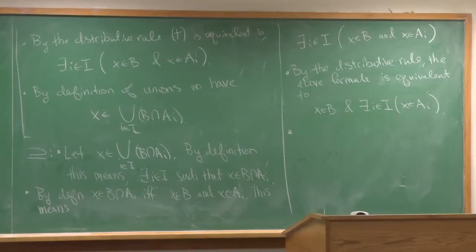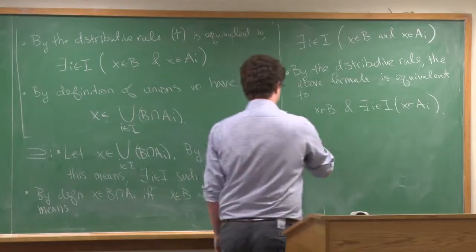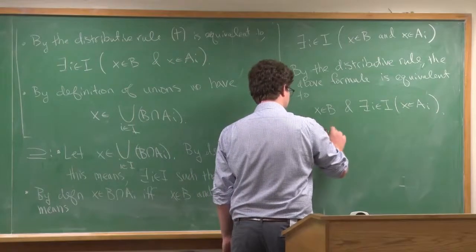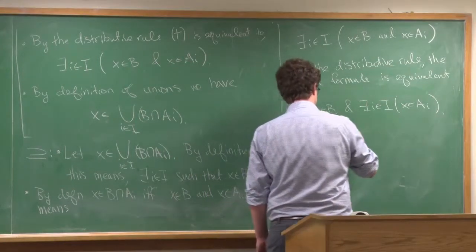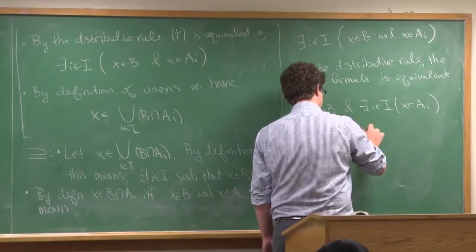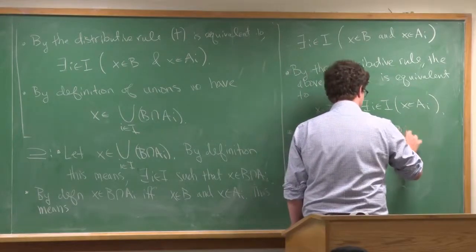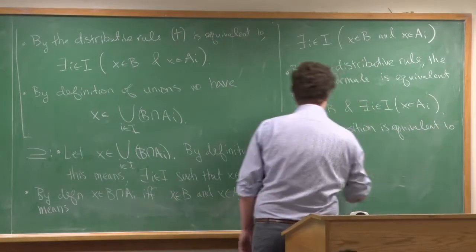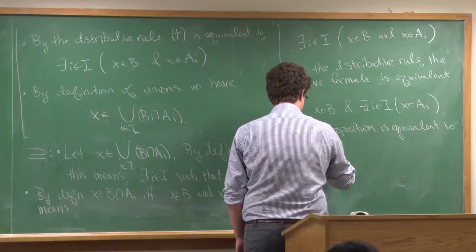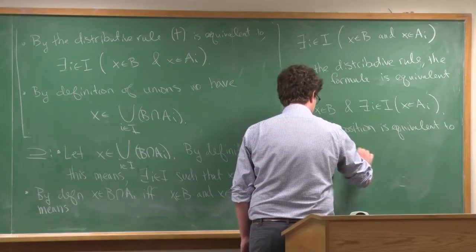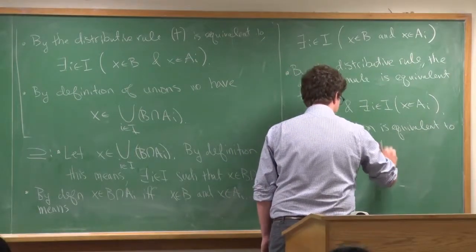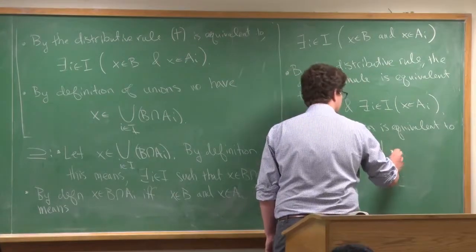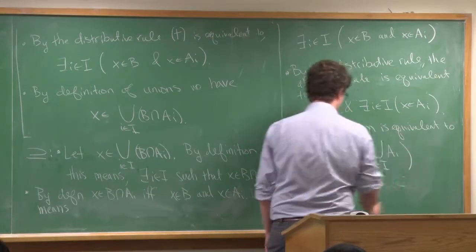Now we can convert this into sets. So this proposition, or this formula, is equivalent to X is an element of B intersect this union over I in I of AI, like so.